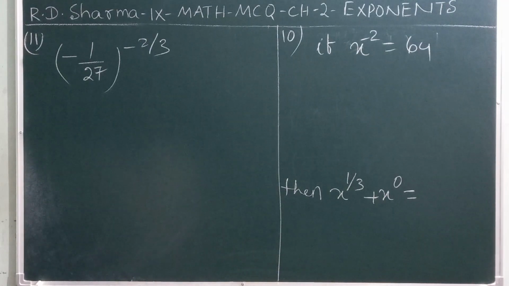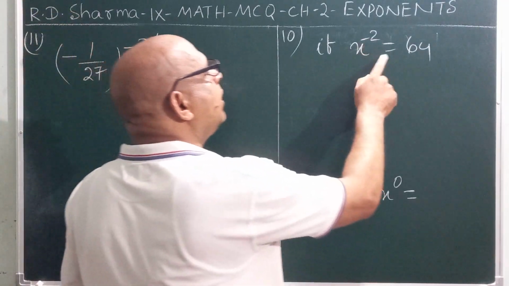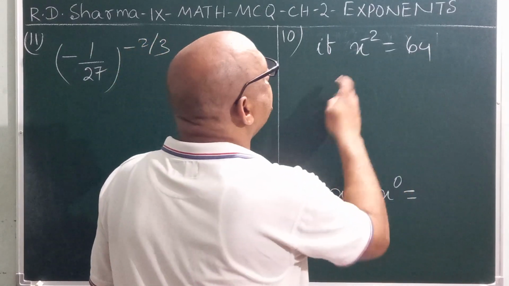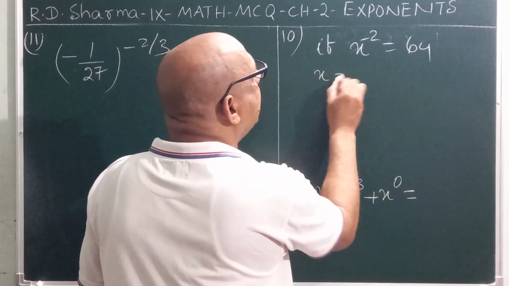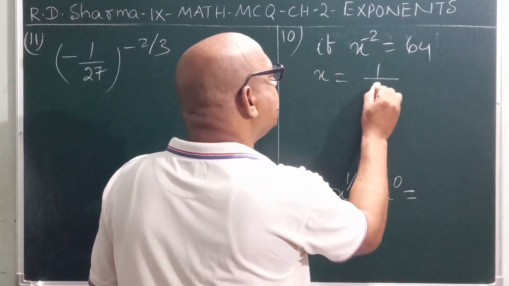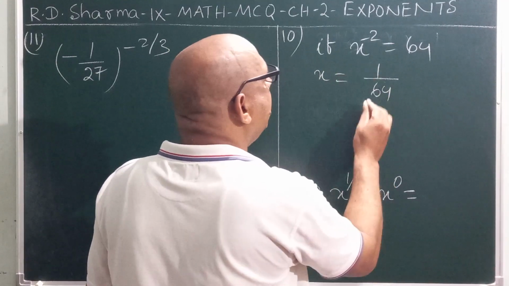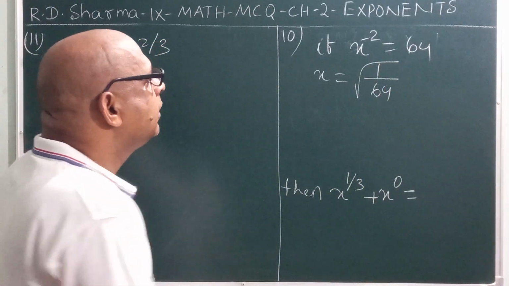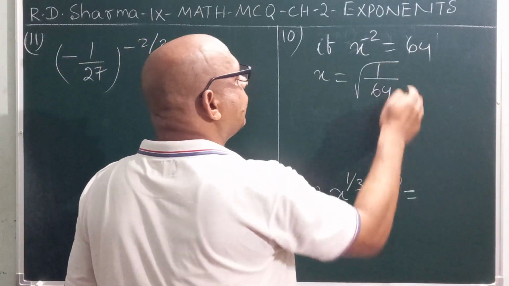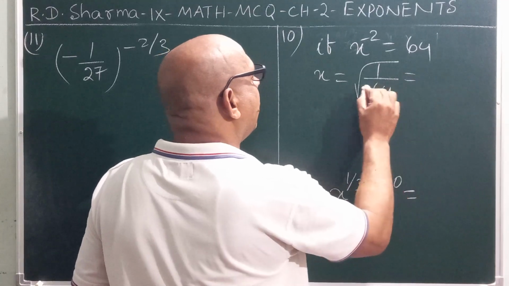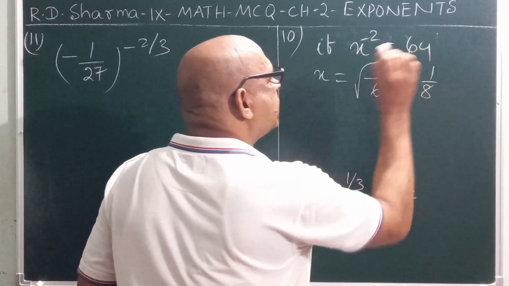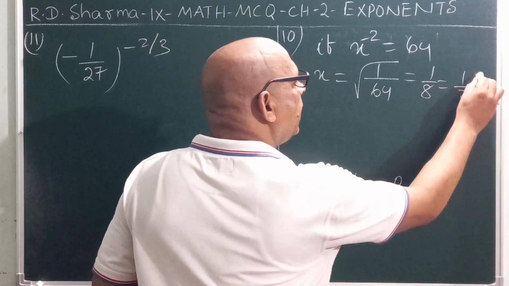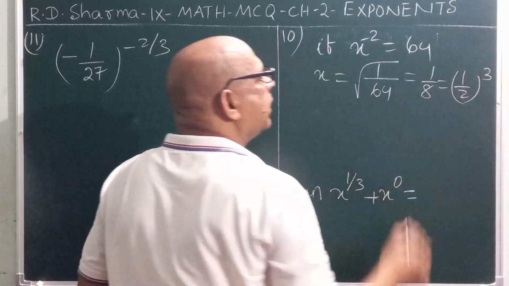Next, number 10. If x to the power minus 2 equals 64, then find the value. First we solve: x equals 1 by 64 root over. Clear? Minus 2, so 1 by 64 root over equals 1 by 8, equals 1 by 2 the power 3.